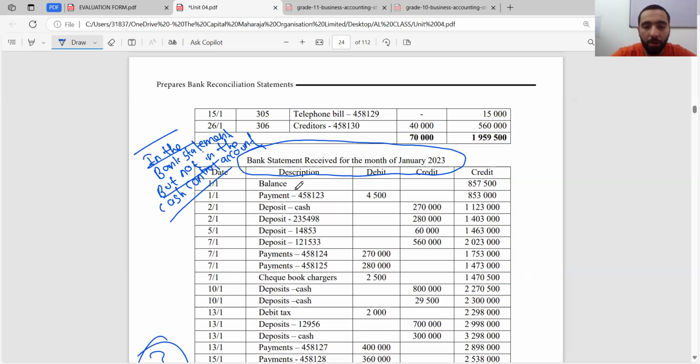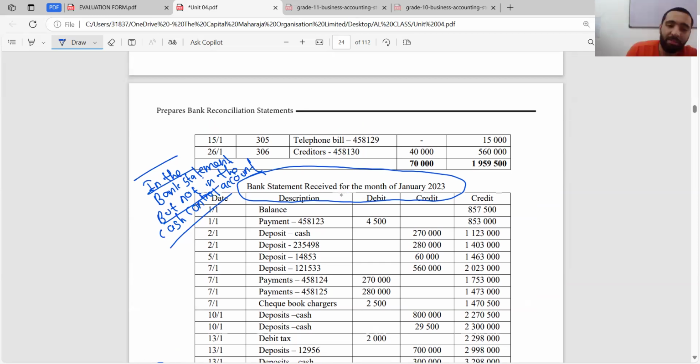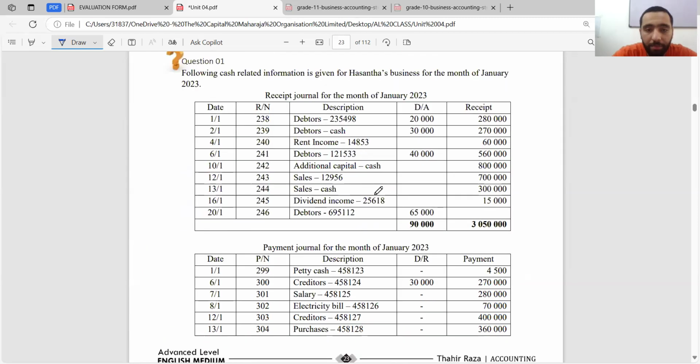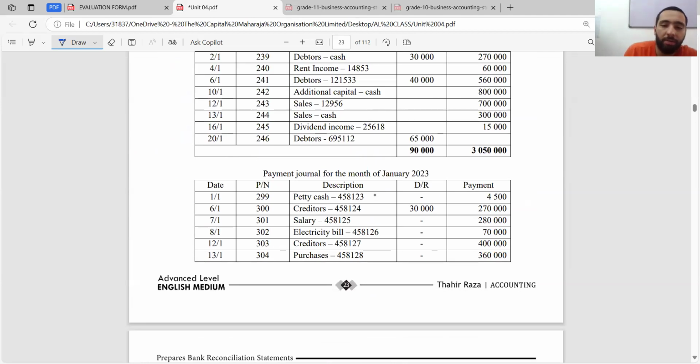So let's move on. Now you have to reconcile. This payment of 4,500 with this check number, can someone please tell me, is it available in the cash control account? Yes, it is available. So we can just put a tick.